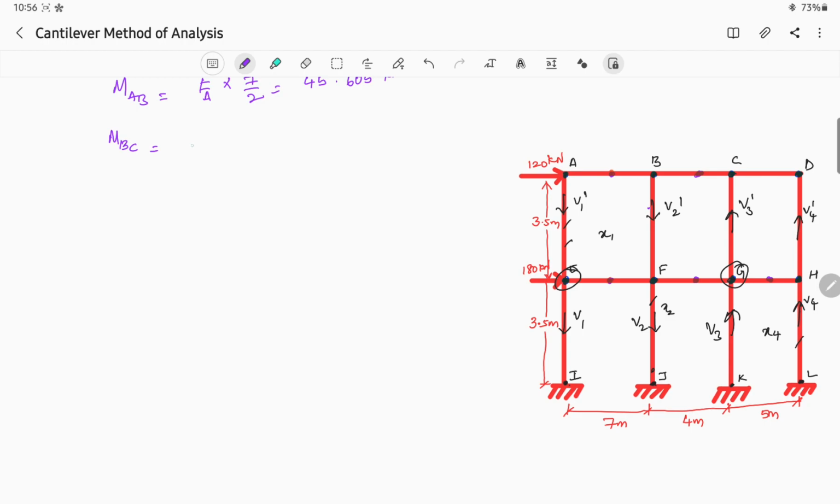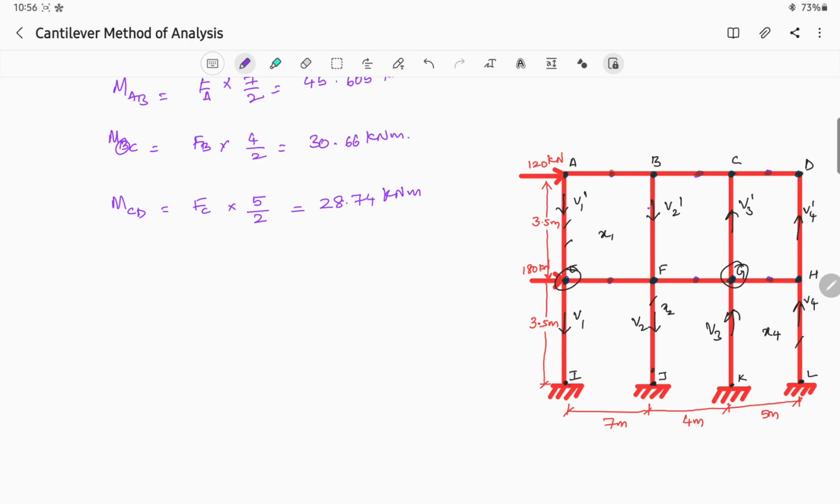Moment in BC is equal to FB, that is shear force in B. This is the term you have to take, FB into 4 by 2. Substitute the value, you will get 30.66 kilonewton meter. Then moment in member CD, at this location, equal to FC into 5 by 2. If you multiply and solve this, you will get the value as 28.74 kilonewton meter.